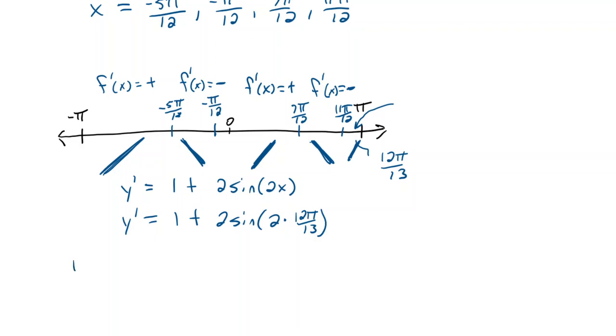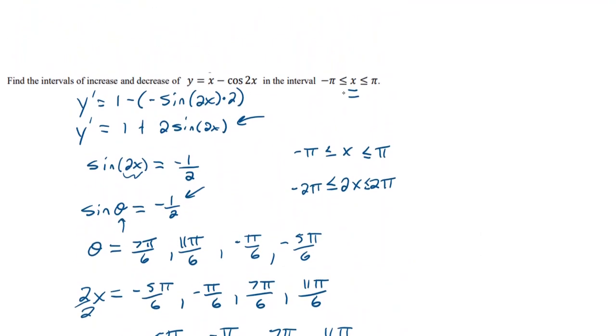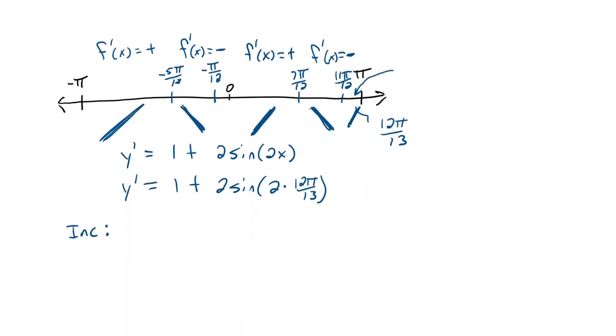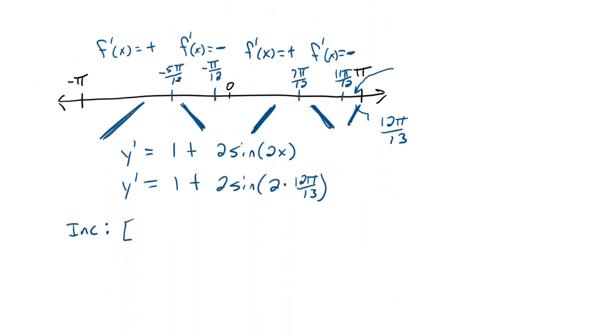So now let's formally write out our intervals. We'll say that we are increasing from. Now, do we use a square bracket or an open bracket? That depends on whether it was equal to or not equal to in the original. Since x is greater than or equal to negative pi, we're going to use a square bracket: square bracket, negative pi, comma, going from negative pi to negative 5 pi over 12. Since negative 5 pi over 12 would actually be the peak, I'm not going to say that's increasing, so it's not going to include that number.